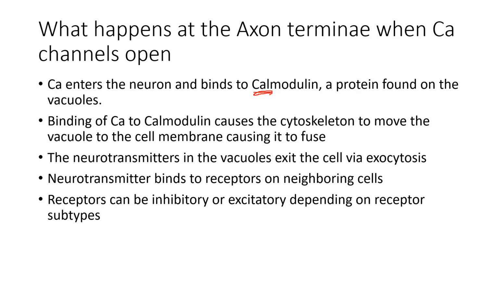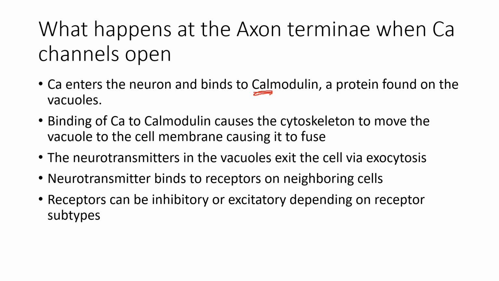And if calcium binds to the calmodulin, it causes a cytoskeleton to take the vacuole and move it, so the cell membrane and the membrane of the vacuole fuse, and whatever's in the vacuole gets sent out. If you remember, this is a process called exocytosis. Exo meaning outside, cyto cell or bag. Osis is a process, so it's a process of pushing a vacuole out of the cell.